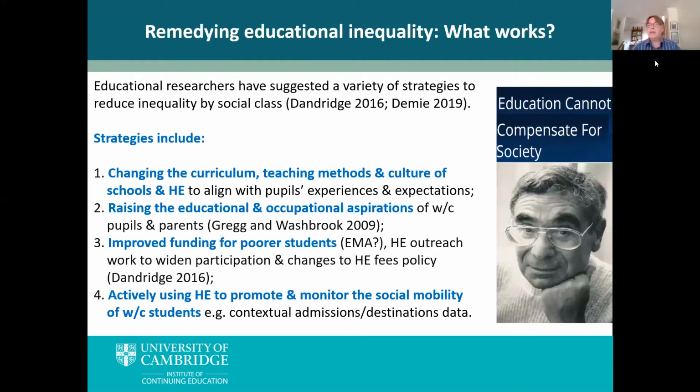So my argument would be we need to look at students' aggregate lifestyles, and we also need to think of a plurality of educational interventions to tackle the socioeconomic gap in school outcomes and progression to higher education.